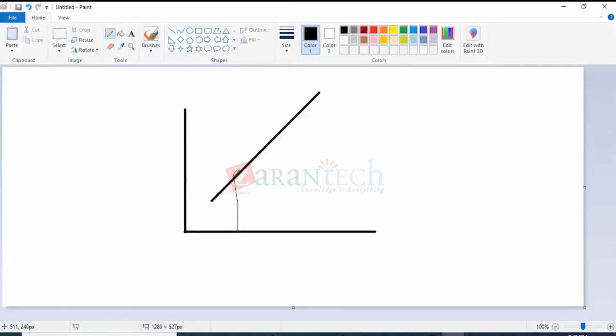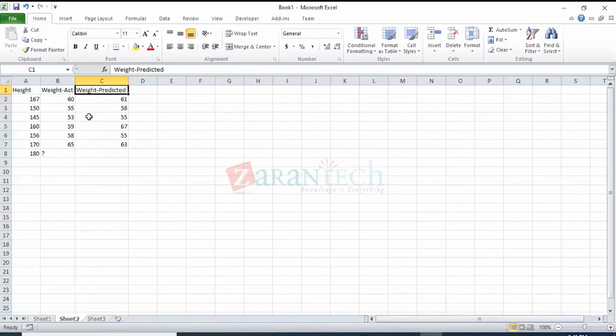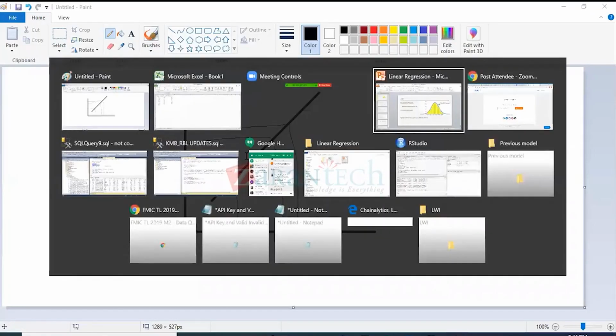For this height, what is the weight? For this height, what is the weight? For this height, what is the weight? Let's call the weight predicted by the model weight predicted. This is my weight actual and this is my weight predicted. Now, residuals, or errors? Normality of errors.